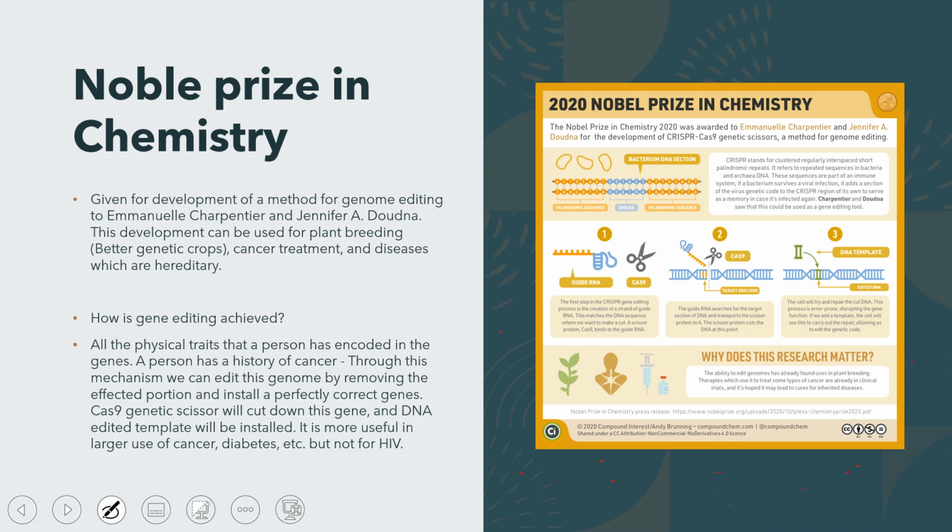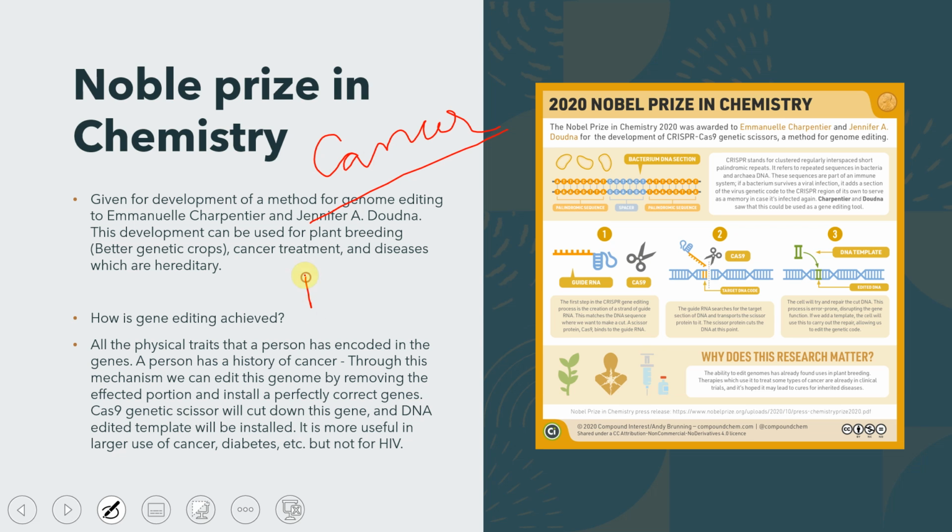So moving ahead, now the Nobel Prize in chemistry. It was given because of the ability to alter genes. Like if a person is suffering from cancer, through the mechanism of altering genes we can cure them, and the coming generation.